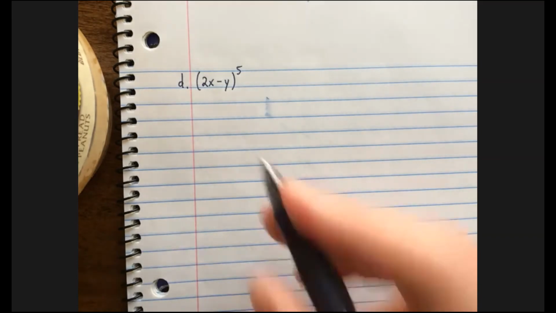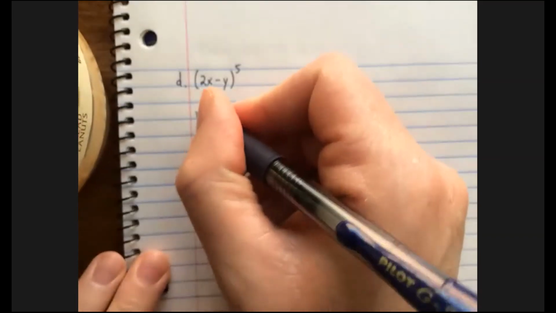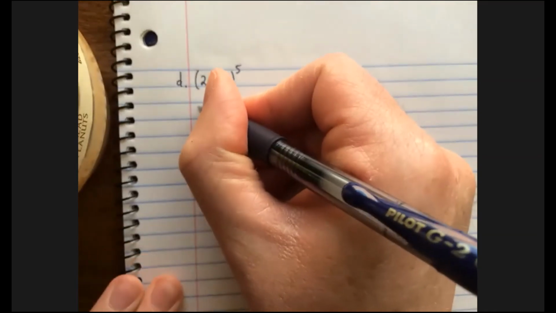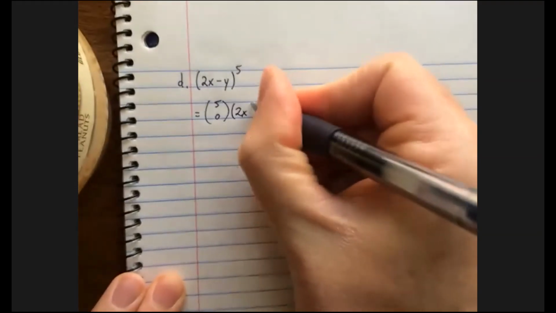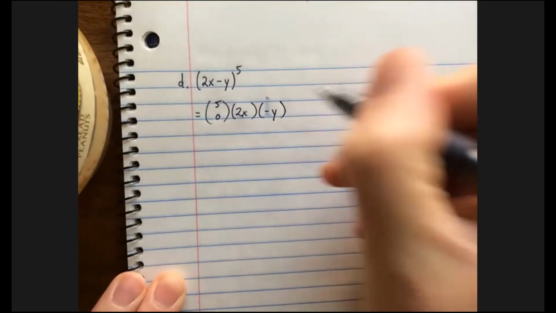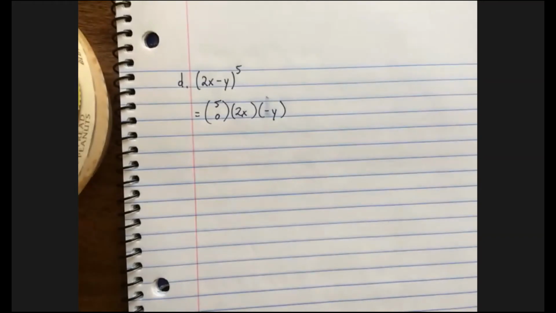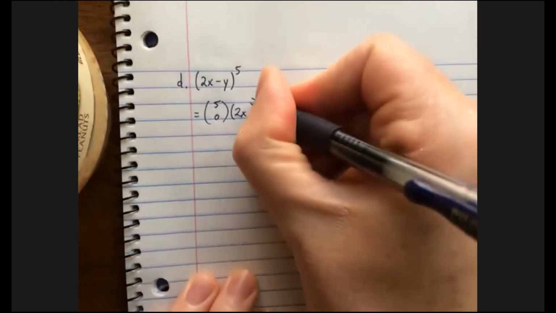All right, our final one, as far as I'm going to do in this section, and I'll let you do E by yourself, is (2x - y)^5. So we would go with our combination. 5 choose 0. Then we're going to have 2 sets of parentheses, 2x and, in this case, negative y. 0, 5.